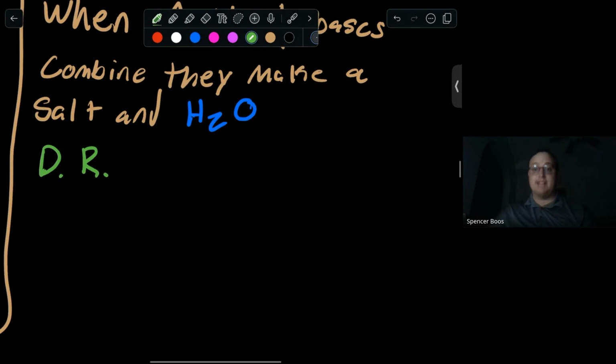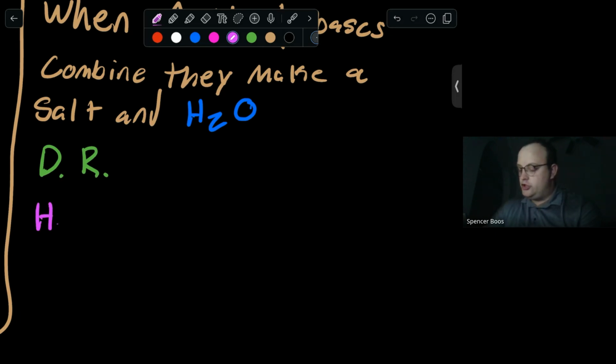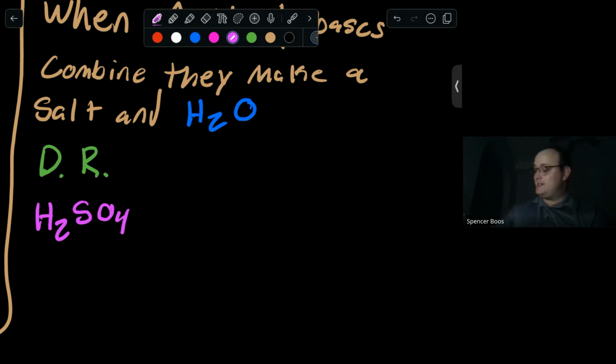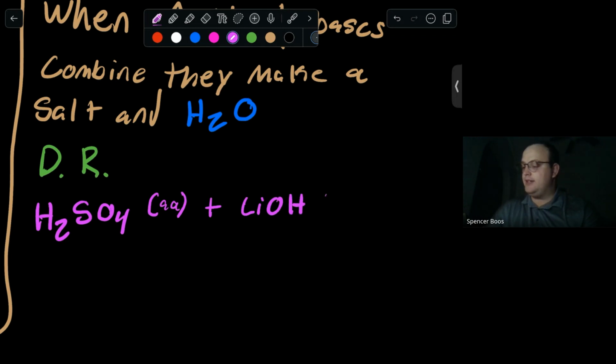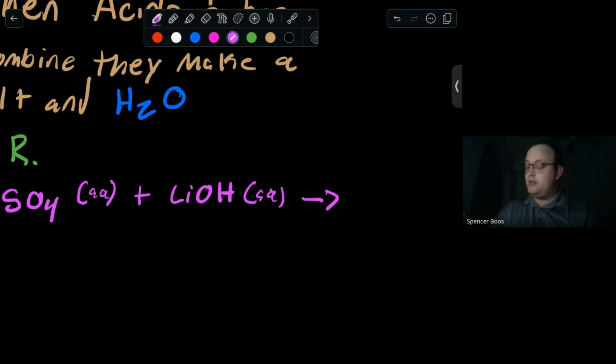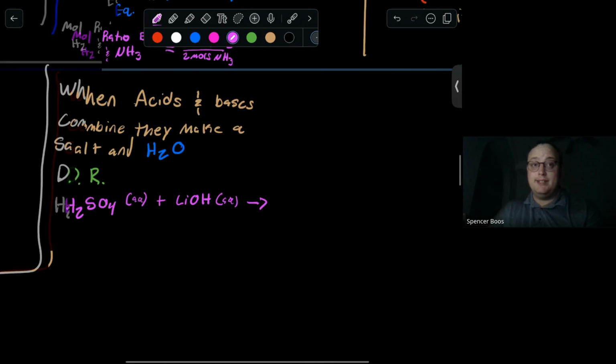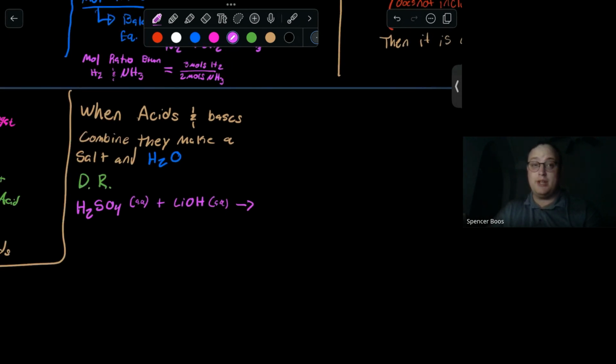So let's do an example. Let's say we've got H2SO4. What's the name of the acid? Sulfuric acid, correct. This is aqueous. Plus, let's say we're working with, I don't know, lithium hydroxide. Again, aqueous. A question would be, what is the neutralization reaction?